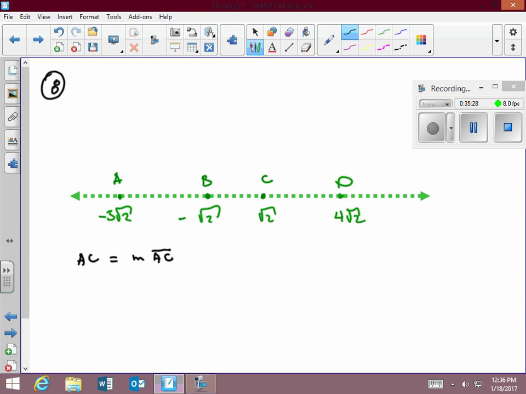But the measure of AC line segment, I think, really specifies. That's what you have to see if I do it. But anyway, what it's going to be is the absolute value of the difference of the coordinates, right? Minus 5 square root of 2 minus the square root of 2.